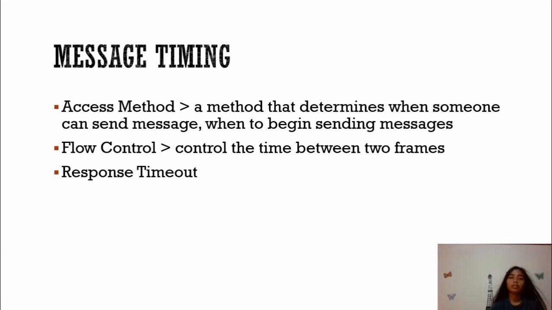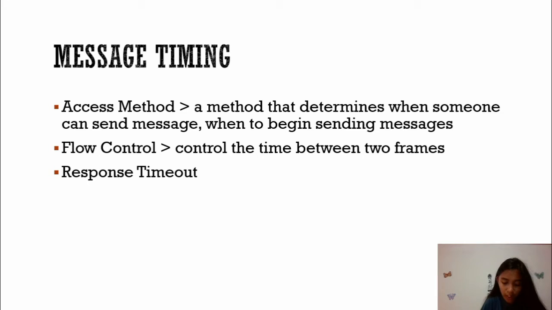So we have the message timing. The access method determines when someone can send a message and when to begin sending messages. If two people talk at the same time, a collision of information occurs and it is necessary for the two to back off and start again.